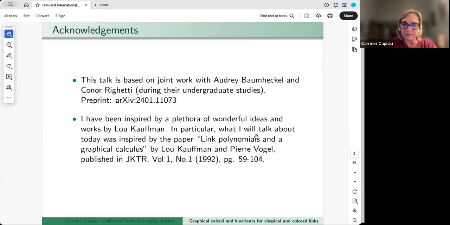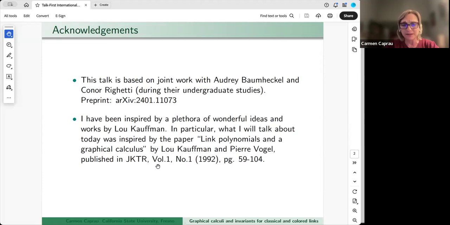The paper is a co-authored work by Lou Kaufman with Pierre Vogel, and it is titled Linked Polynomials and the Graphical Calculus. And the talk today is based on a joint work with two former students at Fresno State.